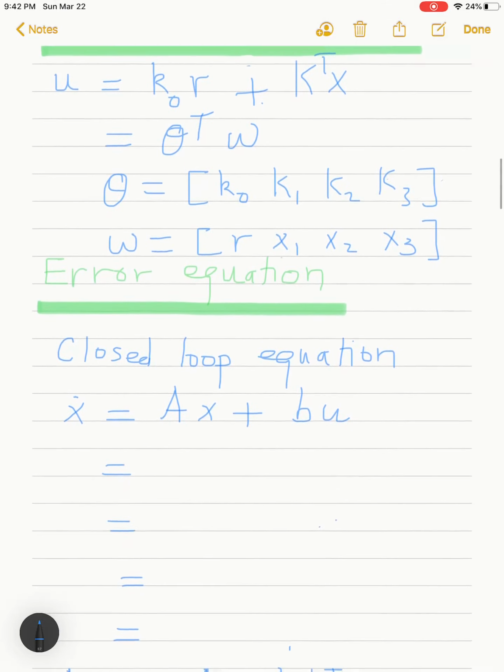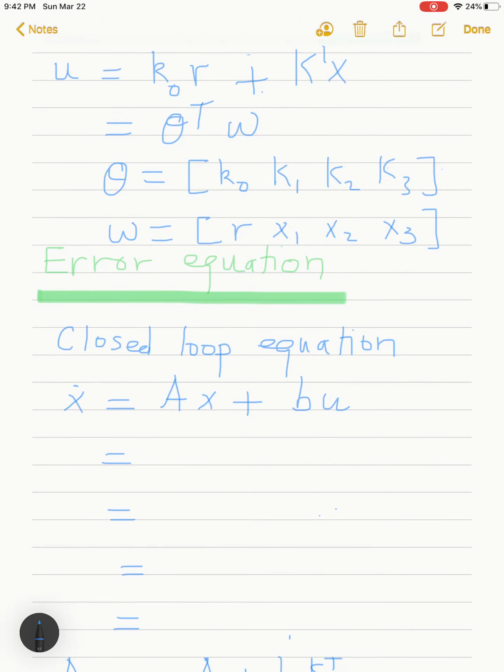Okay. Now, as I said, the second step is to derive the error equation. Before we derive the error equation, we have to find an expression for the closed loop system. We have x dot equals Ax plus Bu, so I'm going to substitute here for u by its expression, so that will be Ax plus B times theta transpose omega, and that also can be written as Ax plus B times k naught r plus k transpose x.